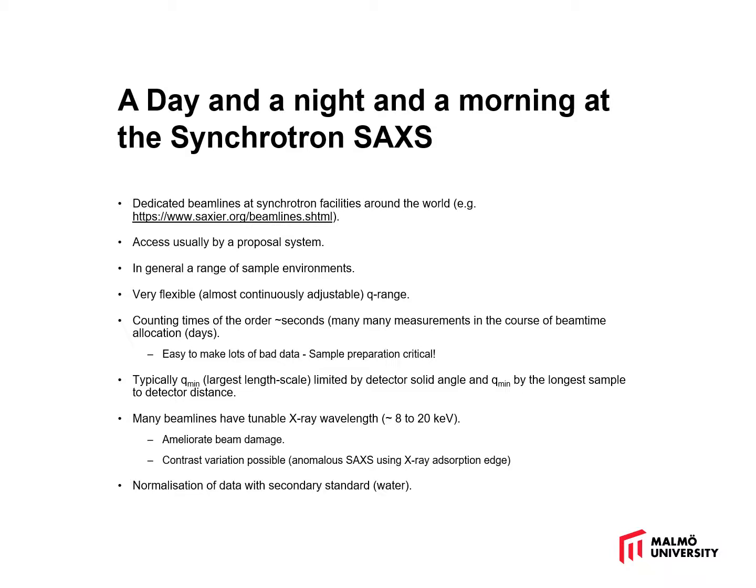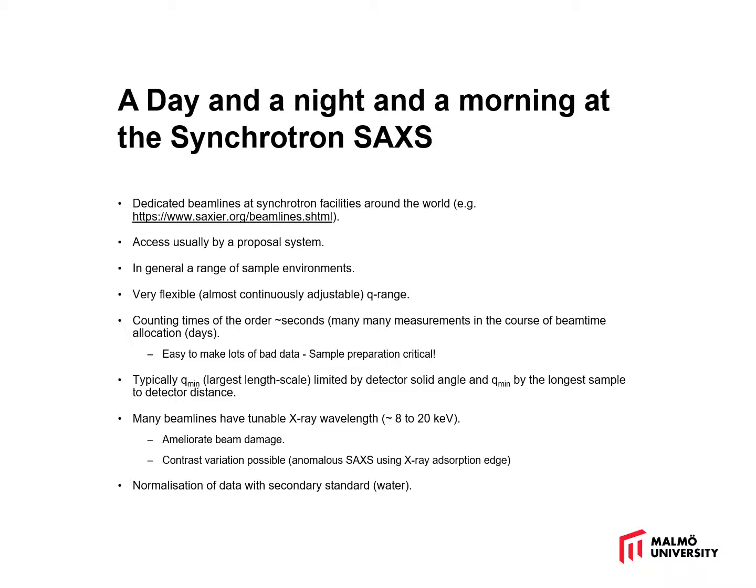Typically, Q-min is limited by the detector solid angle and by how far away you can move the sample from the detector, the optics in fact. Unlike lab SAXS, where flux is always an important limitation of Q-min, you don't have so much problem here. As I mentioned before, these beamlines typically have a tunable X-ray wavelength from 8 to 20 keV.